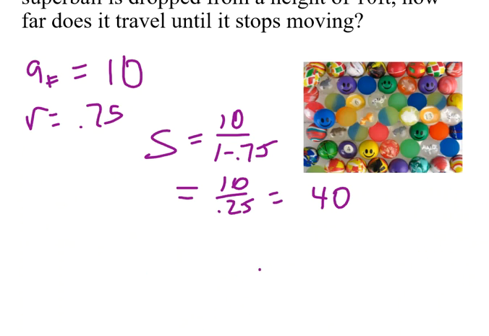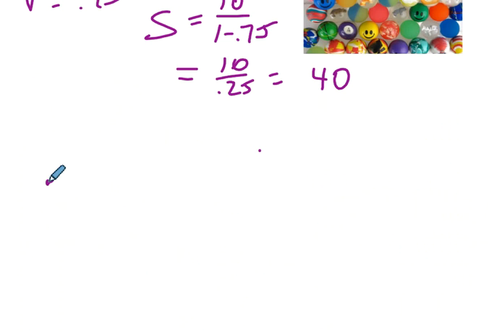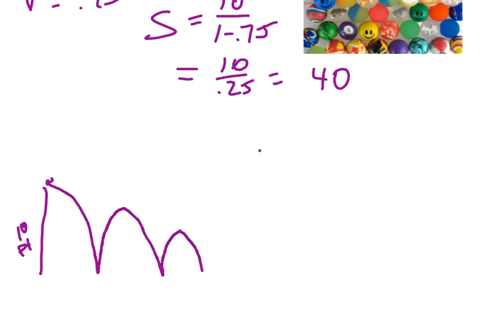Let's think about the path that a bouncy ball would actually take. So here's my ball. It's dropped from 10 feet, and it goes back up, and it drops, and goes back up, and drops.